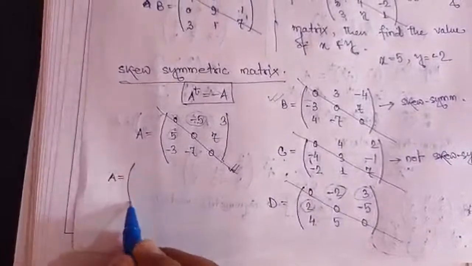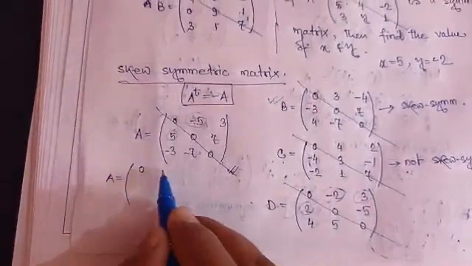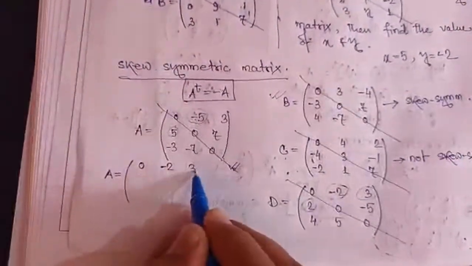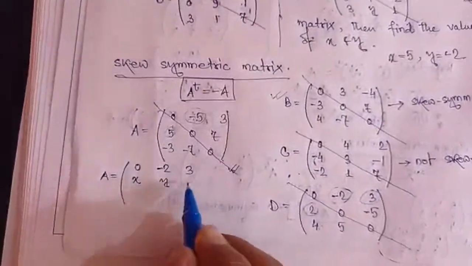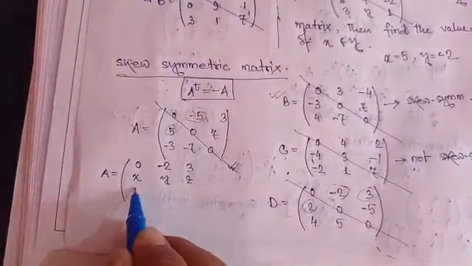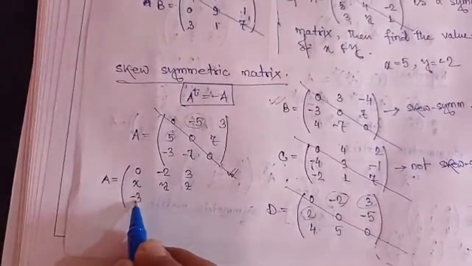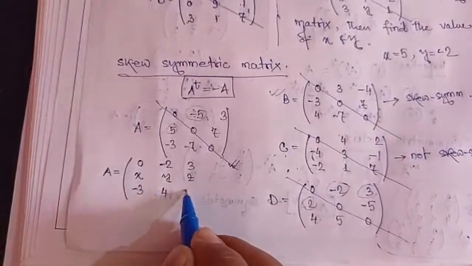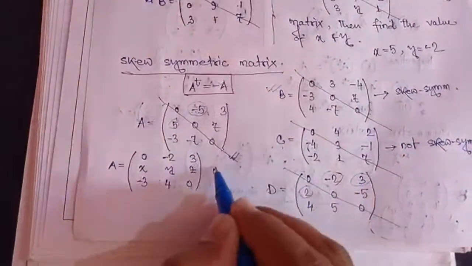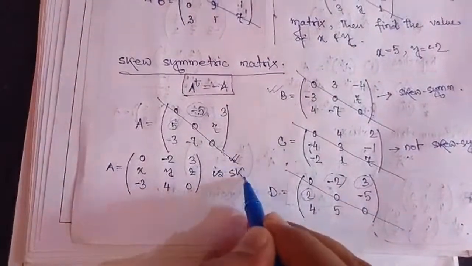Sometimes this type of question comes in MCQs: A equals 0, -2, 3, x, y, z, -3, 4, 0 is a skew-symmetric matrix.